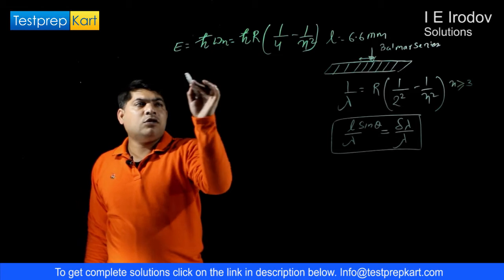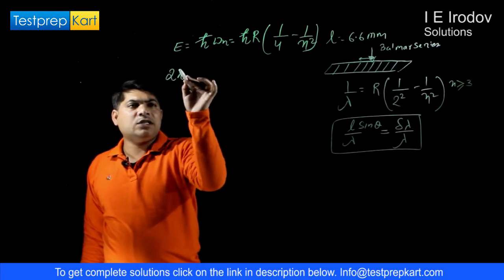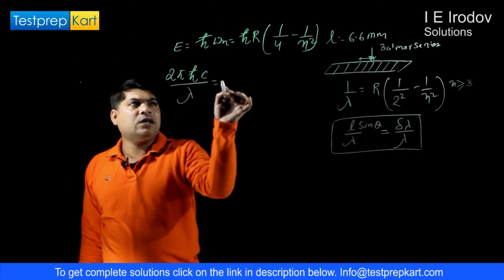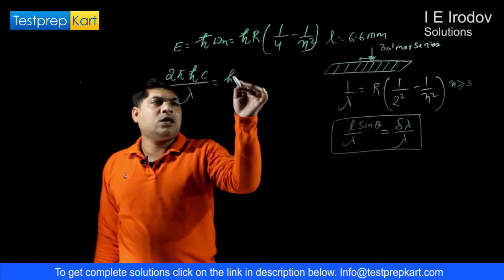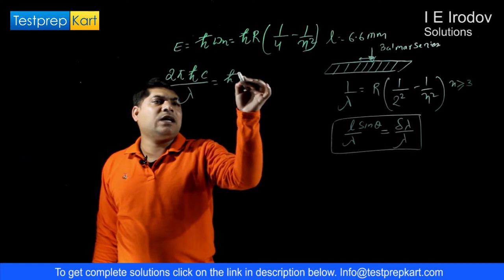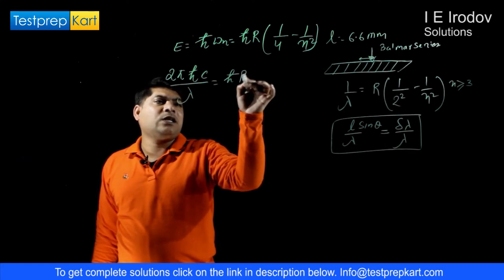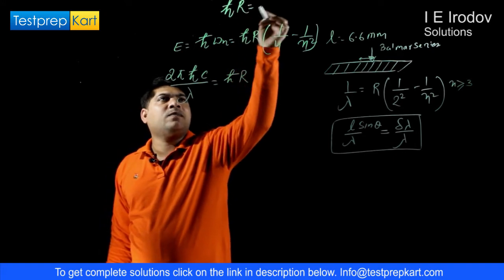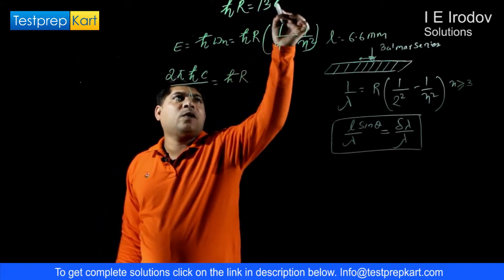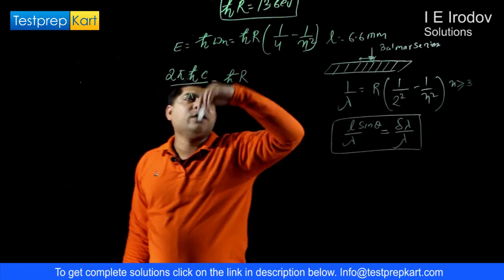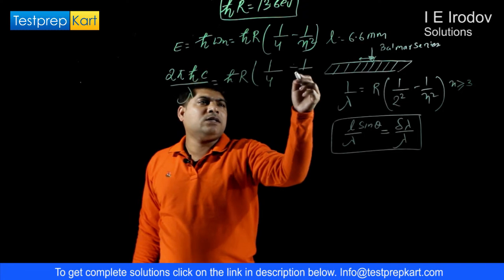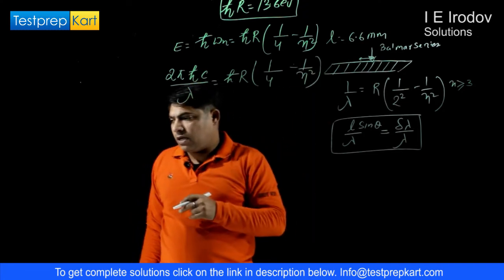So the total energy 2 pi h c over lambda is h R, which can be written as 13.6 electron volt, this Rydberg constant times h bar, into (1/4 minus 1/n square).